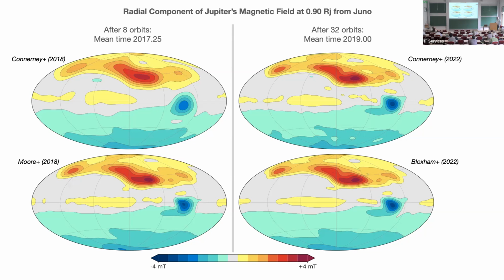There's still large regions in which the flux is very weak, and a few regions, the Northern Hemisphere and the Great Blue Spot, where the flux is concentrated. Now, these 2 images have a mean time about 2 years apart. Can we see any changes in the field between these 2 central epochs of the 2 models?